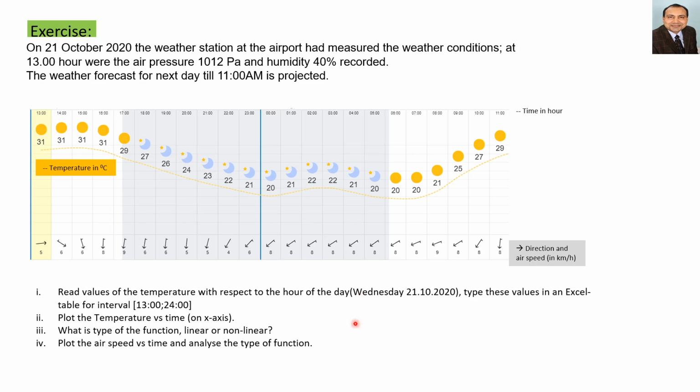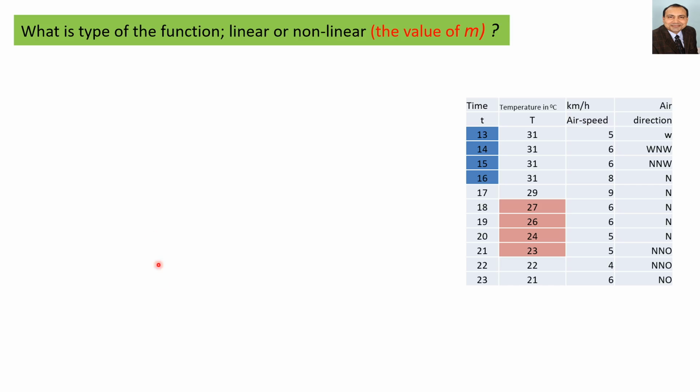Insert this table and plot the temperature versus time. So this is time t, hour of the day 13, 14, 15, up to 23, 24, and also temperature in degrees centigrade. You have here air speed in kilometers per hour. What is the type of the function, linear or non-linear?